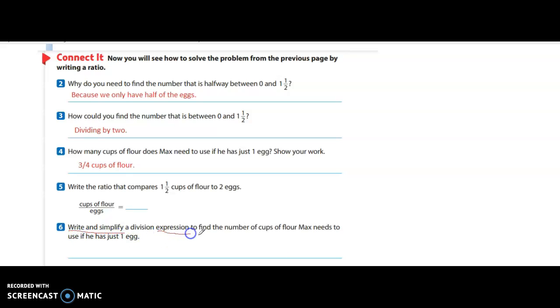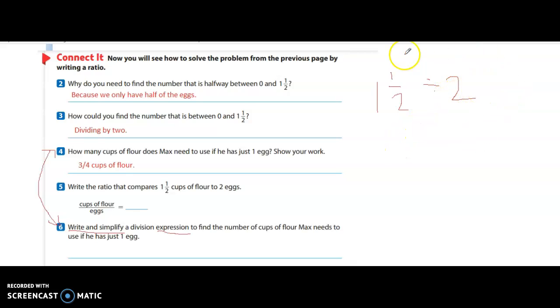And an expression is just a number sentence without an equal sign. So it's just writing down the problem, pretty much. Because these are kind of the same thing, showing our work and writing out the division expression. So we know originally, and you guys can fit this in wherever you have room. I'm just writing it pretty big on the right-hand side so you guys can see it really well. We had originally 1.5 cups of flour, and to find the halfway point, we have to divide that by 2.